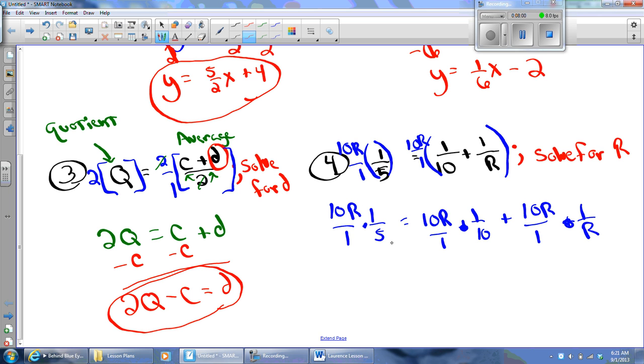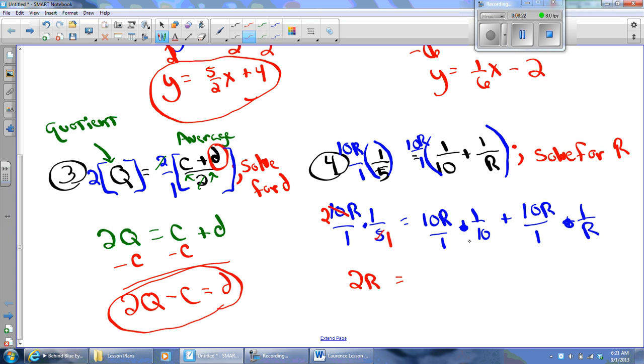Okay, so now look at this. I see I have 10/5. The 10's going to cancel and turn into 2, and the 5 is going to turn into 1. Notice the R didn't cancel because there was no R in my denominator to cancel it out with. So if I multiply my numerators, I think I'm going to get a plain old 2R.